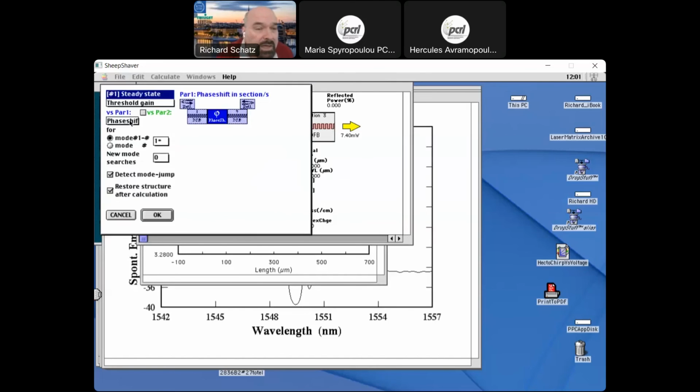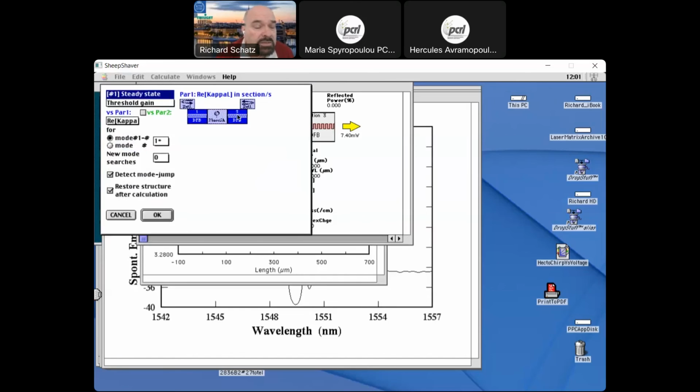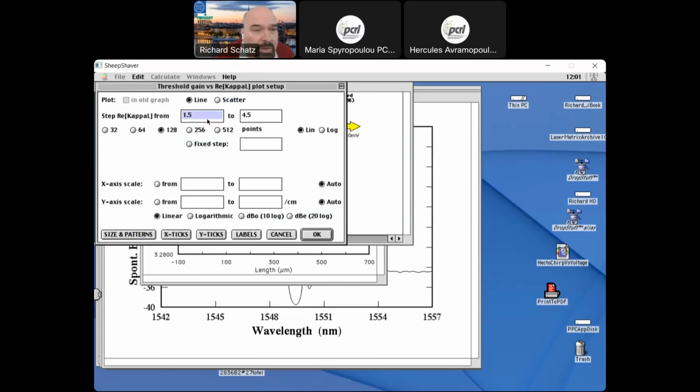So then we calculate this versus that. I change the coupling kappa L in these two sections, and then I look at the gain margin. So, yeah, and then we can see here, I change the coupling coefficient to something lower. So I go from 1.5 per section to 0.34 per section or something like that.